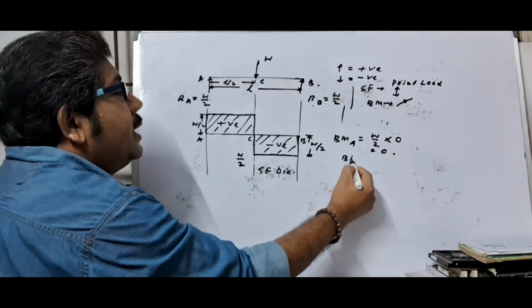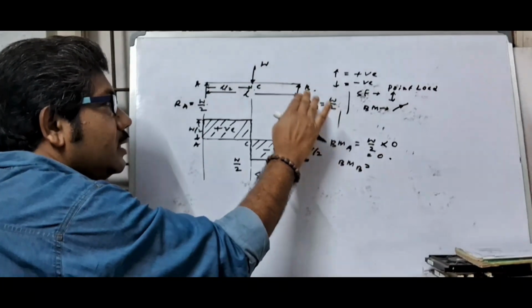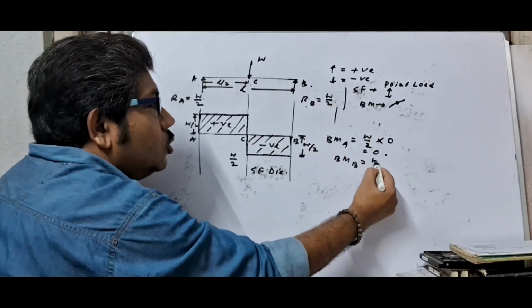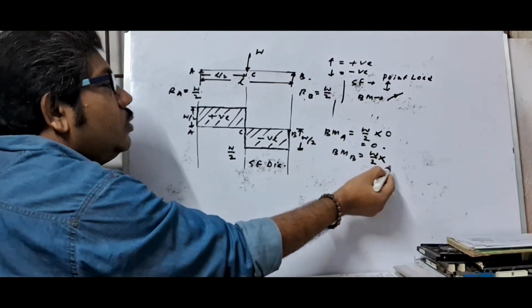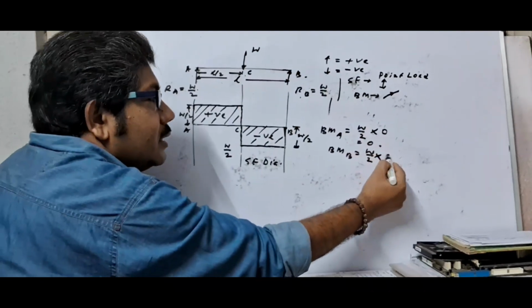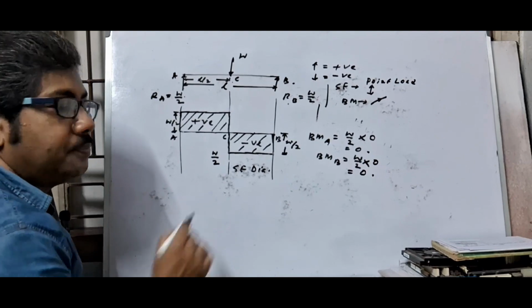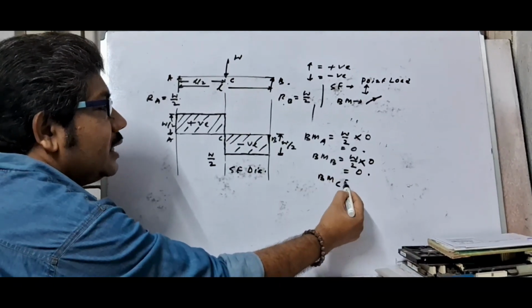Bending moment at point B: if we calculate from right to left, here also the upward force is W by 2, this is positive, but taking moment at B there is no distance, so the bending moment is 0.